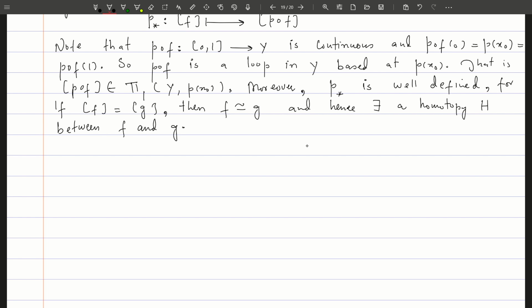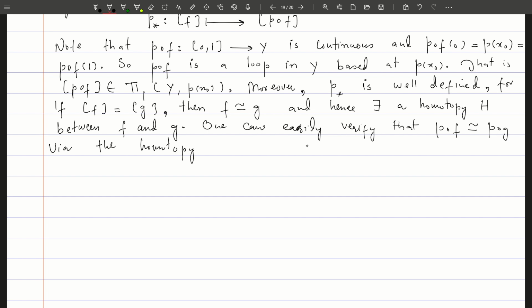Now one can easily verify that these composite maps, P composite f is homotopic to P composite g, where the homotopy is P composite H. So these two maps are homotopic via this homotopy.